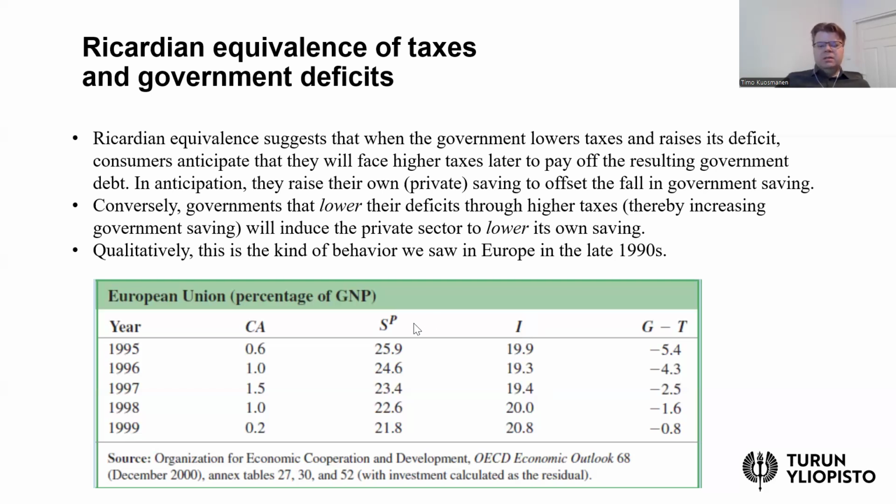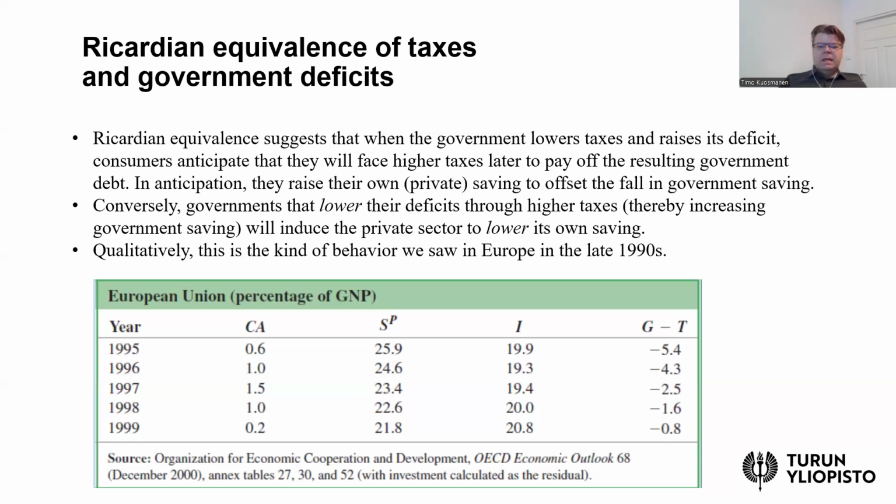But what changes is the private saving S. Private saving was almost 26% in 1995, and it falls to 22% in 1999. So there's a steady decline in the private saving rate, and it matches the government deficit, which is decreasing from minus 5.4% to minus 0.8%.